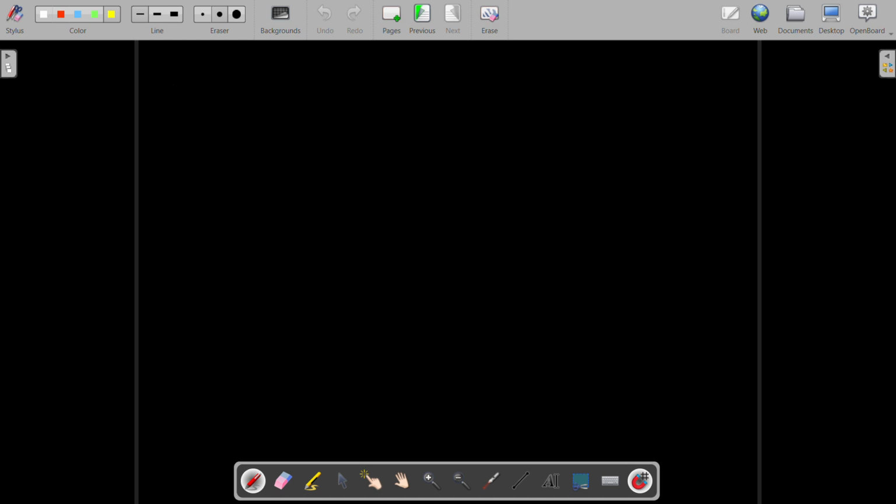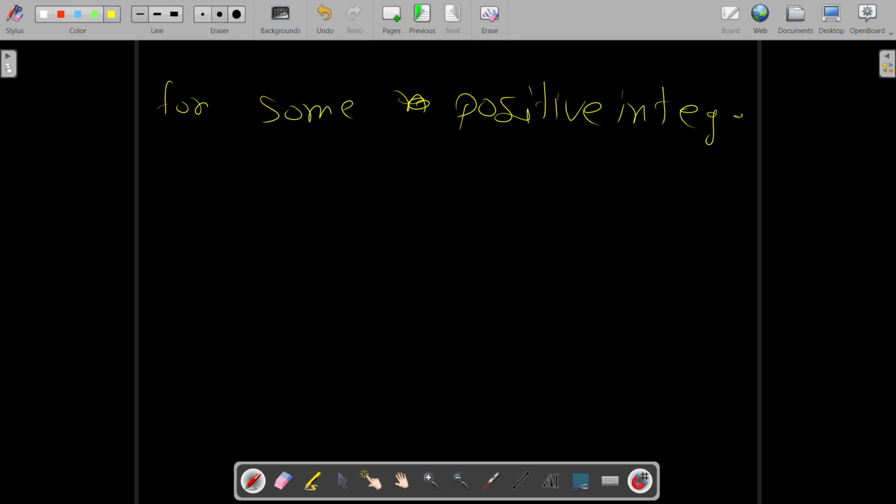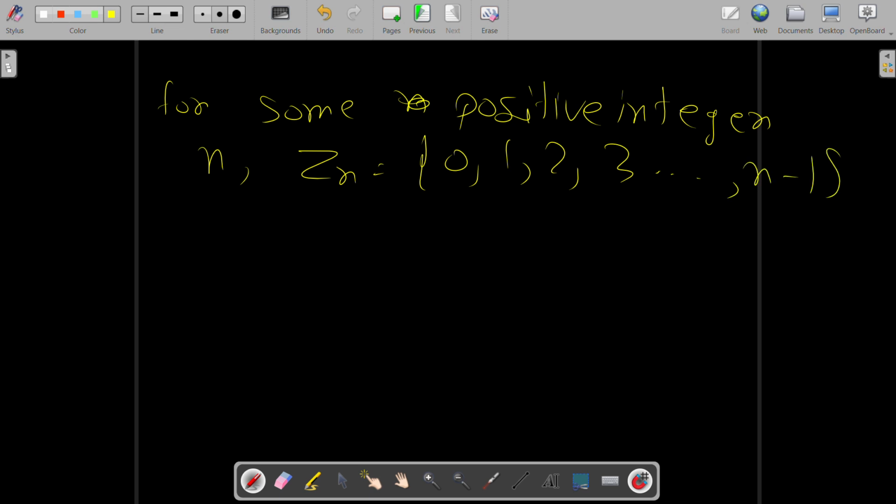Again, for some positive integer n, Zn equals 0, 1, 2, 3, up to n minus 1. The set is like this.